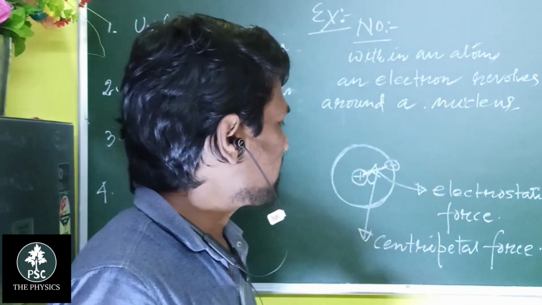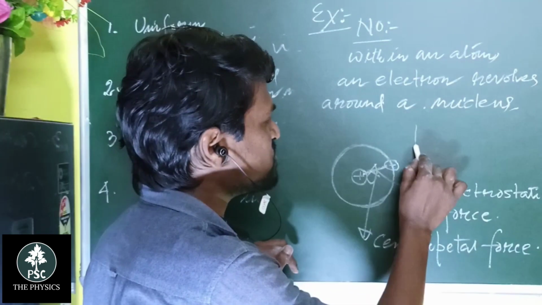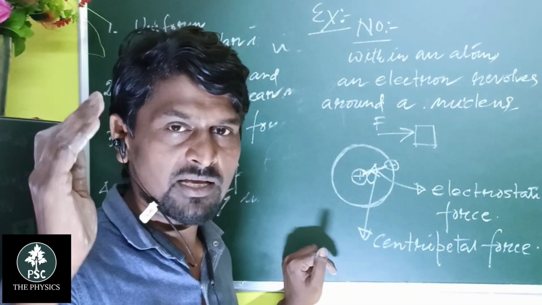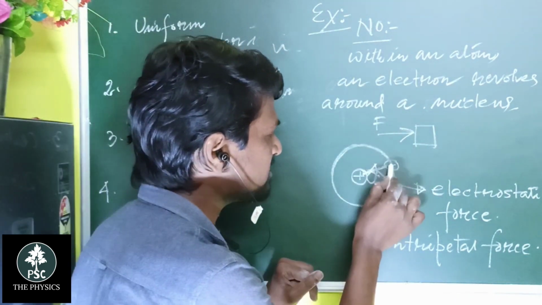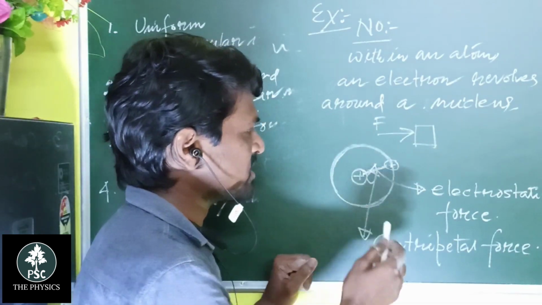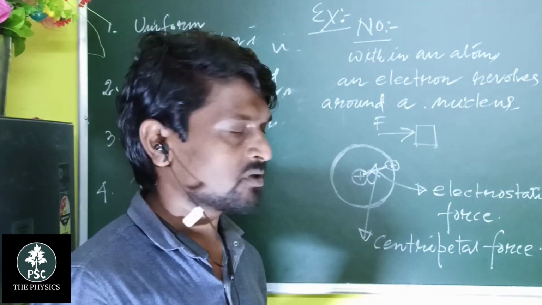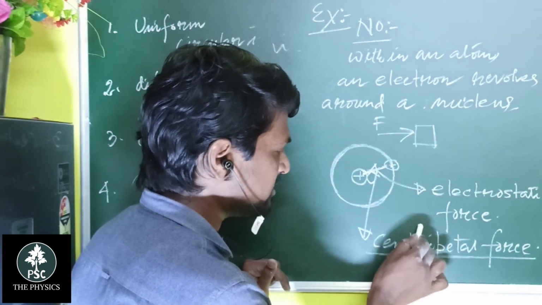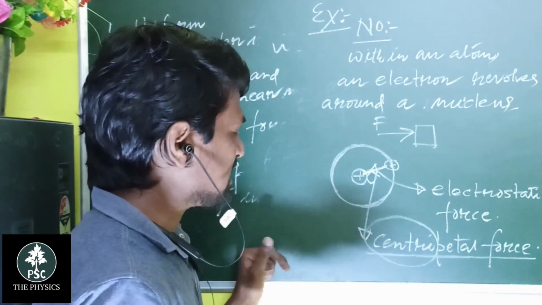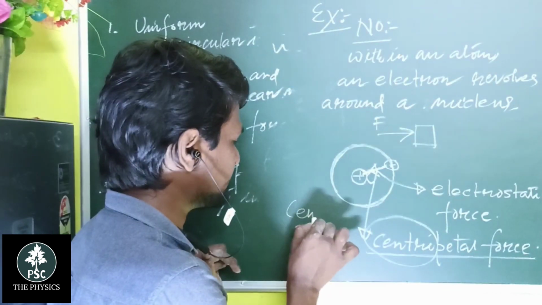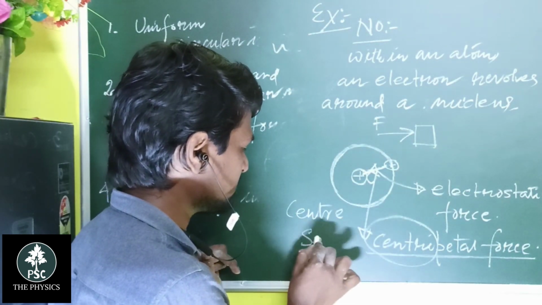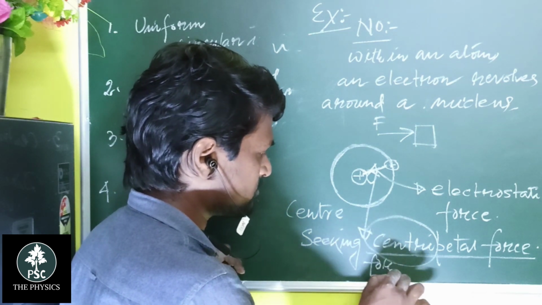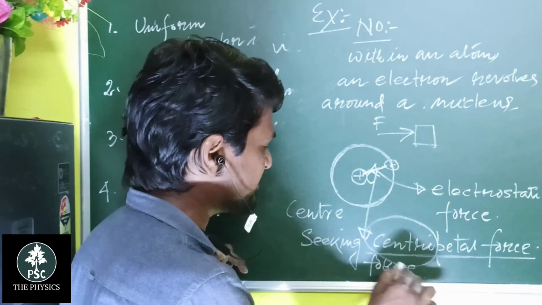So when we change the state of a body, we must apply a force. When that electron moves along this direction, it also requires a force, which is called centripetal force. Why centripetal? Centri means center seeking. It is a center seeking force.